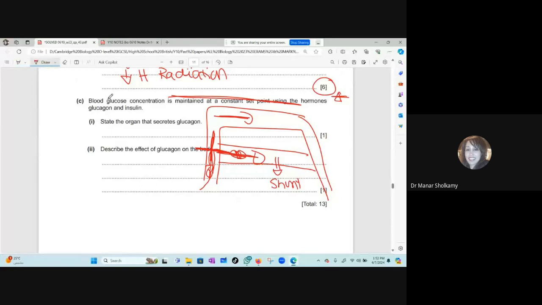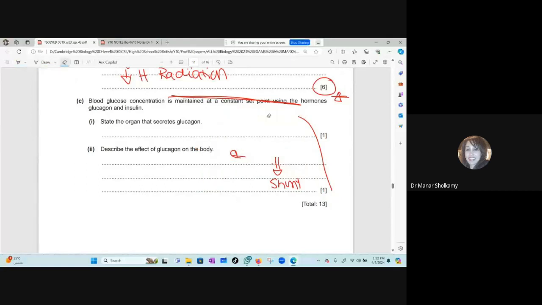The blood glucose concentration is maintained at a constant set point using the hormones glucagon and insulin. State the organ that releases glucagon. What releases glucagon? The pancreas. So I'll write pancreas here. Describe the effect of glucagon, not insulin, glucagon.